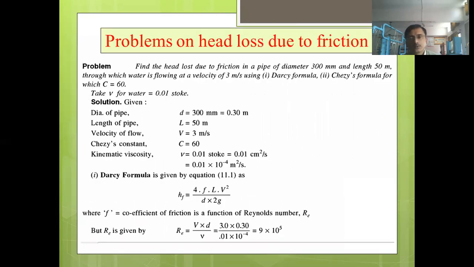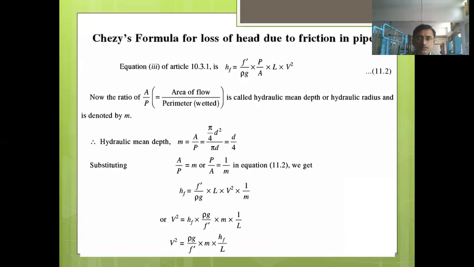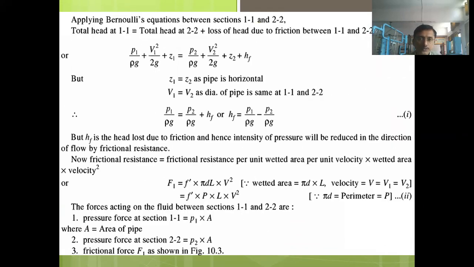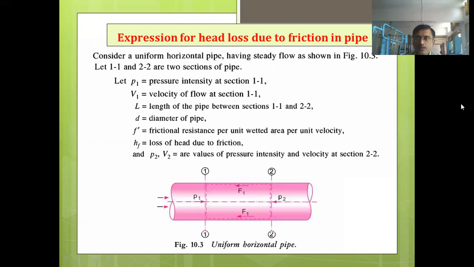Okay, so in this way we are going to move ahead here. So let us start now the derivation for the Darcy Weisbach equation.